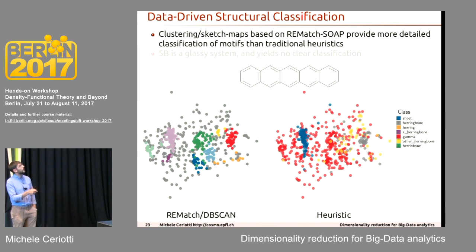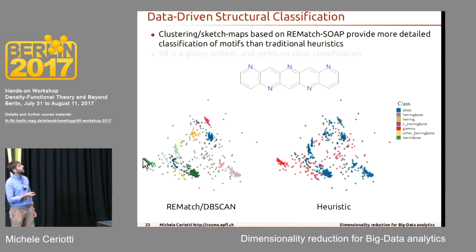So, for instance, the PhD student, Jackie, in the group of Gramidae, had painfully looked at all of the 200 structures and classified them manually in different heuristic classes. You know, these molecular crystals can stack in different ways. Basically, just by automatically analyzing the database, we can find clusters that in some cases correspond to the heuristic classification, and in some cases disclose very clear patterns that are not captured by the traditional techniques.